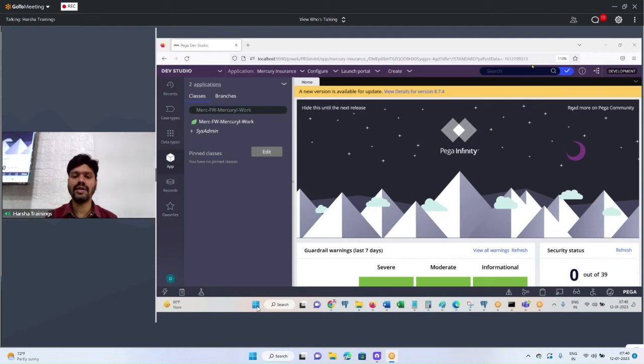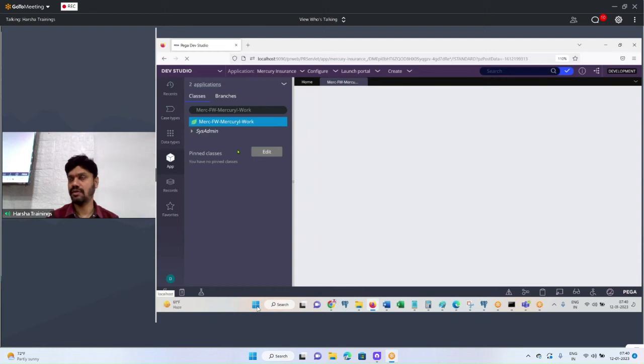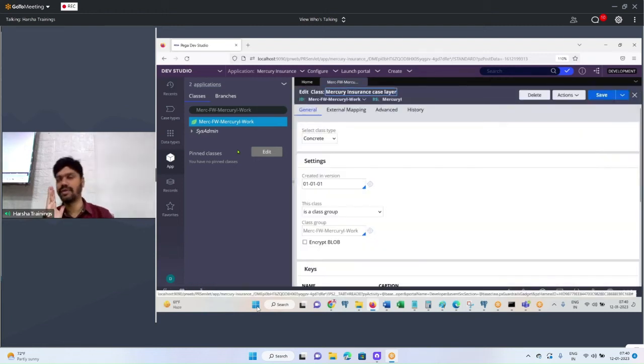Okay. Now, what are the classes that have been created? And let's look at the direct inheritance concept. In the framework application, I will right click on the class and go to definition. So now keep this in mind. We are going to focus on only the transaction class, meaning the work class.